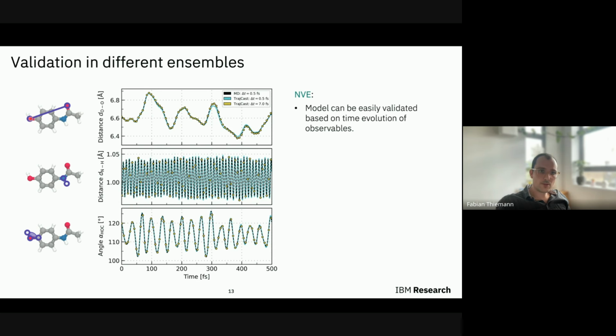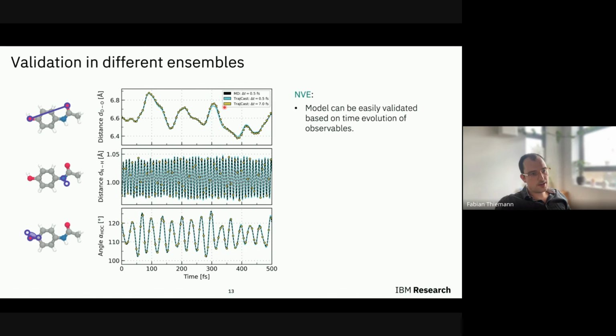Each of these plots corresponds to each of these metrics. On the x-axis, we show time. So we run for 500 femtoseconds. That's 1,000 MD velocity Verlet integration steps. We're showing in black the MD reference at the time step of 0.5 femtoseconds. We're showing in blue the CRASH prediction at a time step of 0.5 femtoseconds as well.